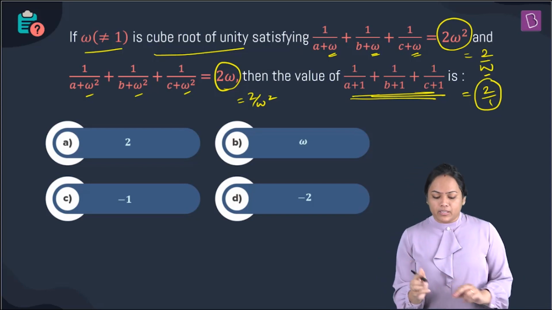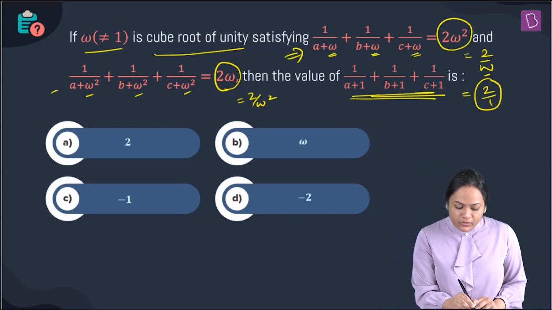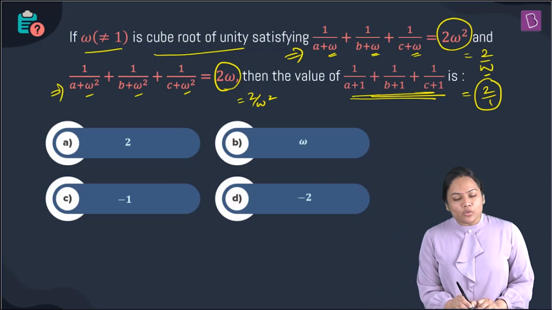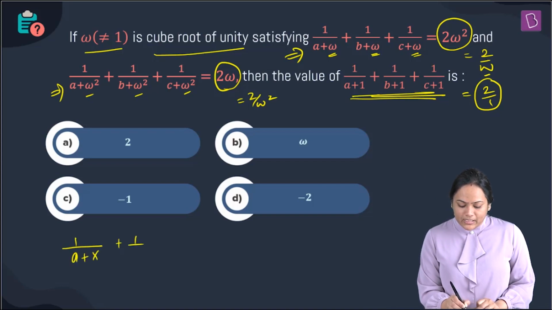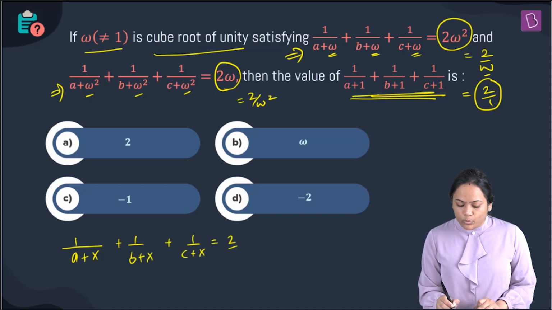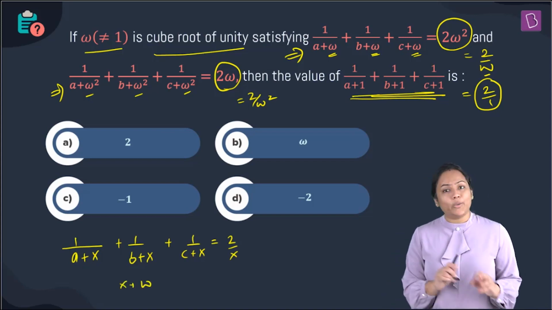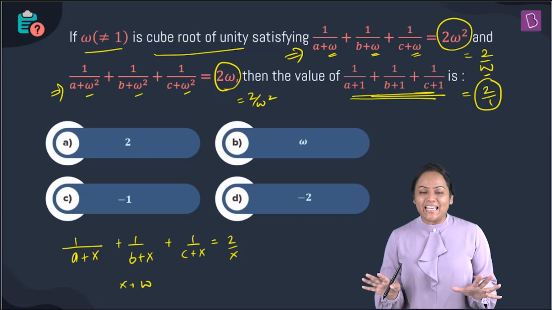Well, if we again see my first and second expression, what I can say from here is that these two actually follow this relation: when I write 1 by a plus x plus 1 by b plus x plus 1 by c plus x is equal to 2 by x. When I put x as omega, I'm going to get the first relation, right?